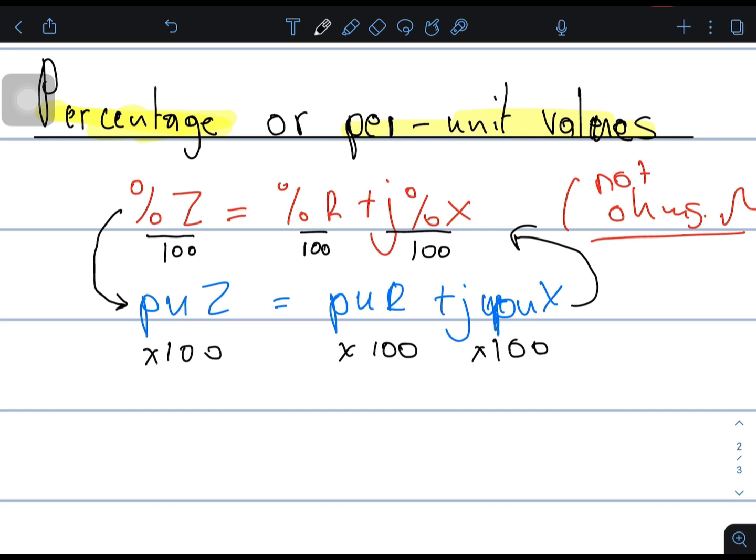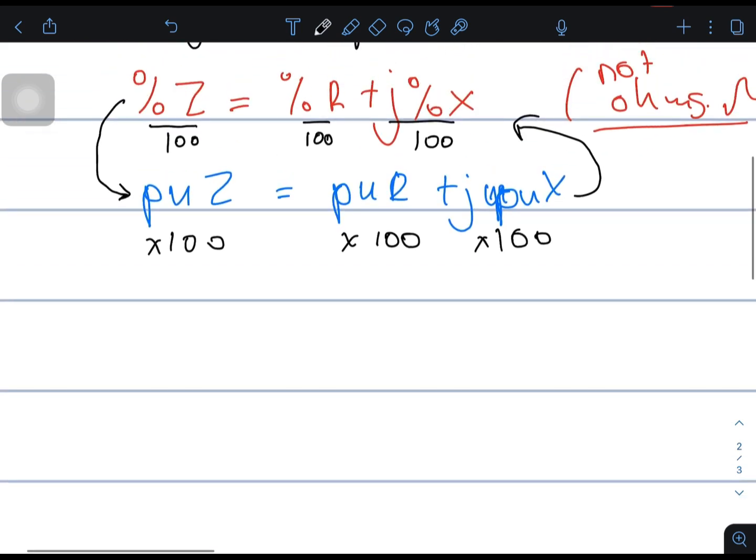The first reason is that if we have resistance, impedance, reactance in per unit values, they can apply to both. You can use them on either the primary or the secondary.